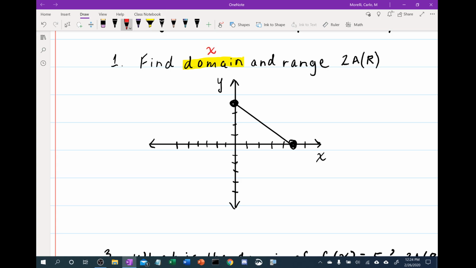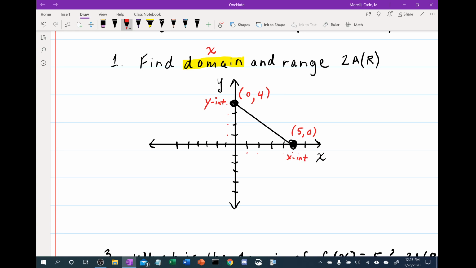The way I'm going to solve this is I'm going to figure out what the coordinates of these 2 points are. Here's one coordinate: 1, 2, 3, 4 is the y value, and the x value is 0. And over here I'm going to find these coordinates: 1, 2, 3, 4, 5 is the x value, and the y value is 0, because this is the y-intercept, and this is the x-intercept.